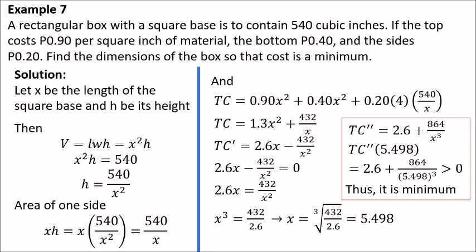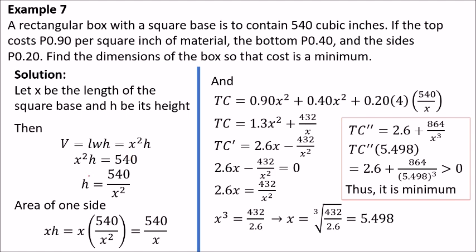Since ang length natin at saka width ay parehong x, so x times x, kaya x squared times h. And then we know from the given that the volume is equal to 540 cubic inches. So, it means that x squared times h equals 540.